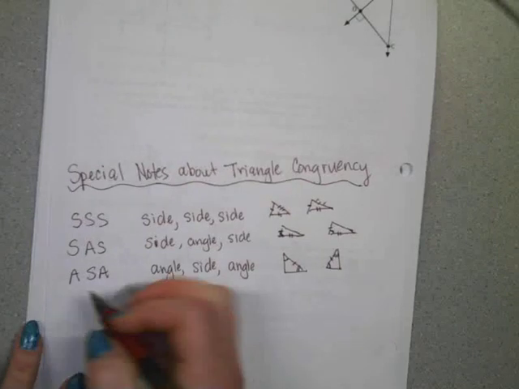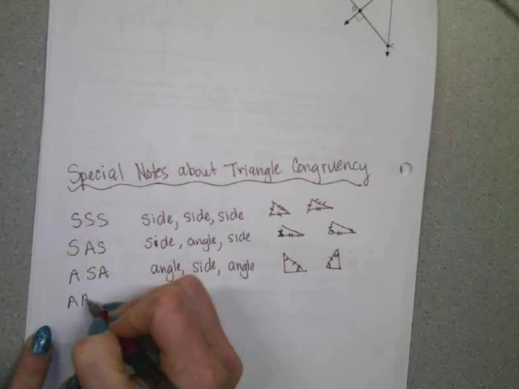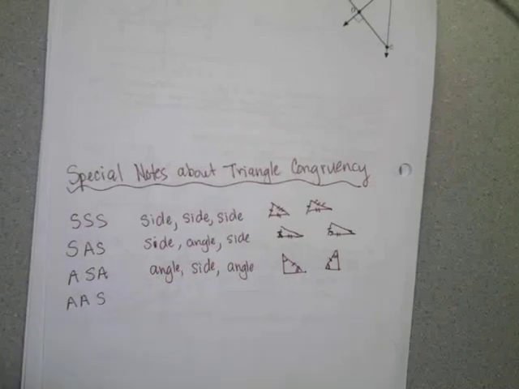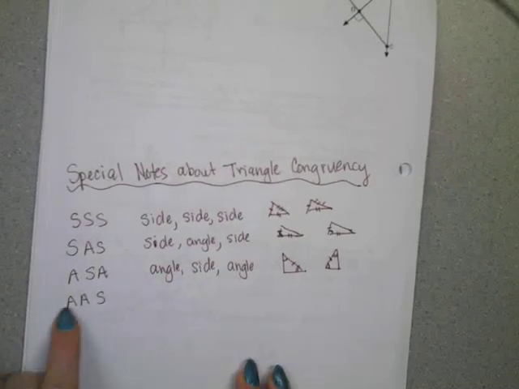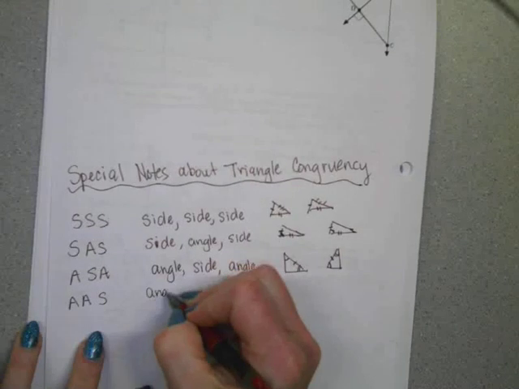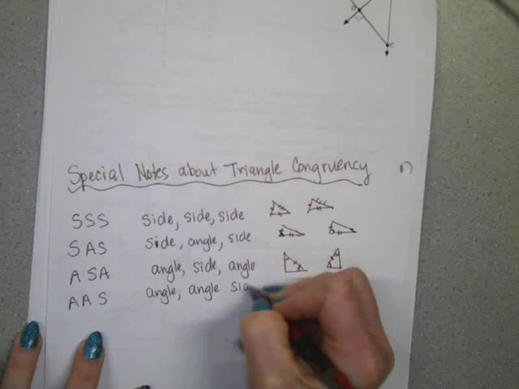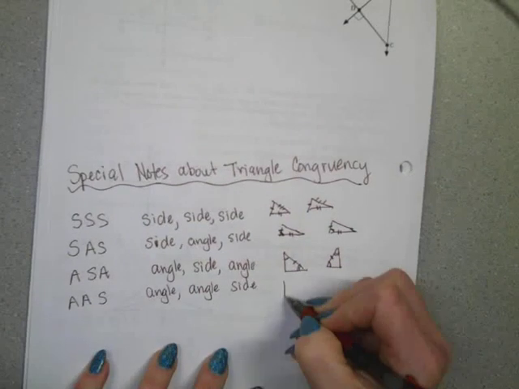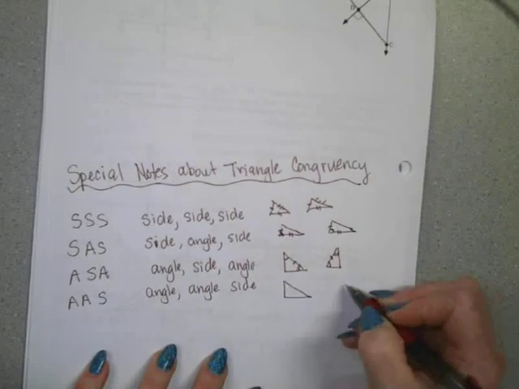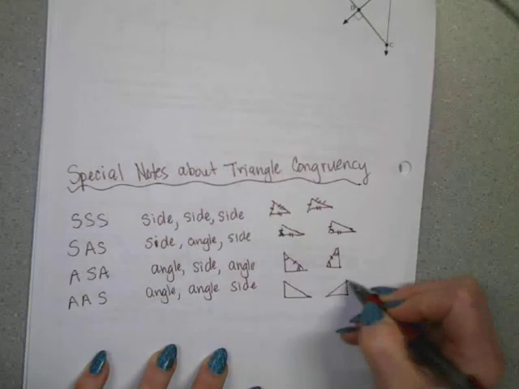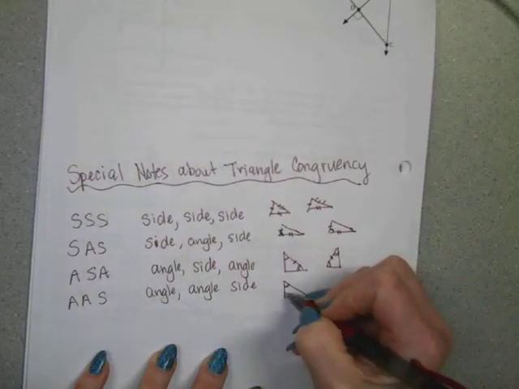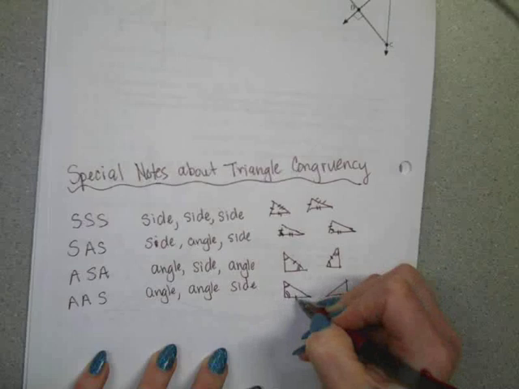There's one more that we won't use this year, but you were introduced to last year, and that was angle, angle, side, or we can also say side, angle, angle. And this one looks kind of like this. Again, I'm going to draw myself a triangle. If I have an angle and then an angle here, then it would be a side here.